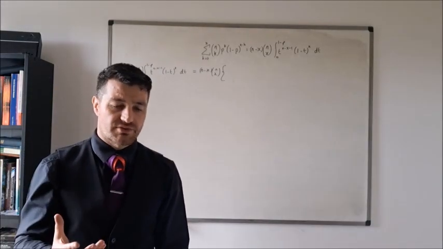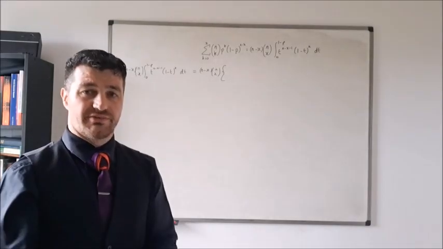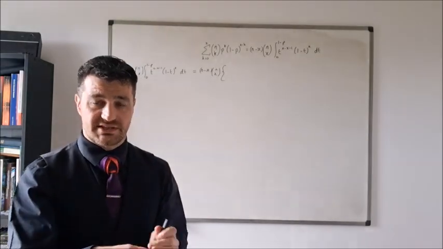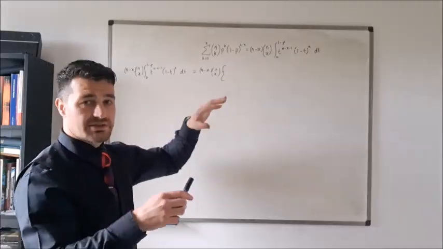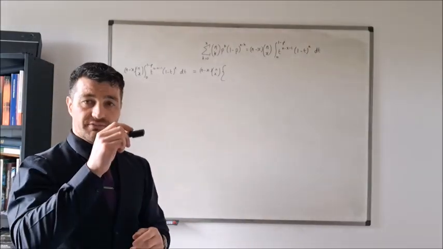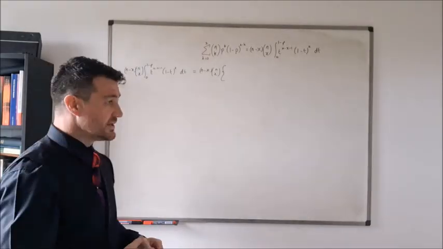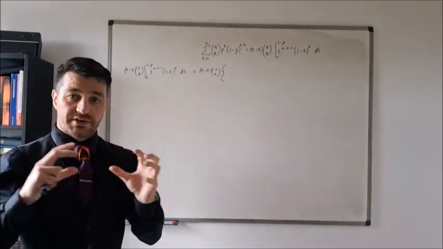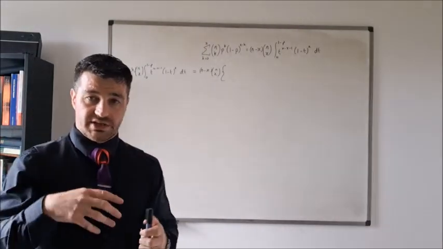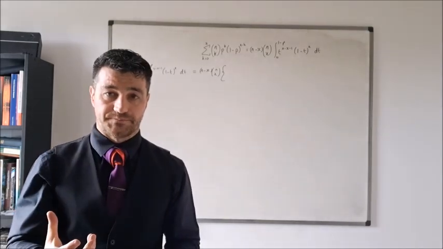some of you may have come across the idea of a reduction formula. In fact, I've kind of alluded to it already in this video when I wrote the integral from 0 to 1 of x to the power of n, (1 minus x) to the power of m dx equals whatever. That formula actually comes about through a reduction formula.